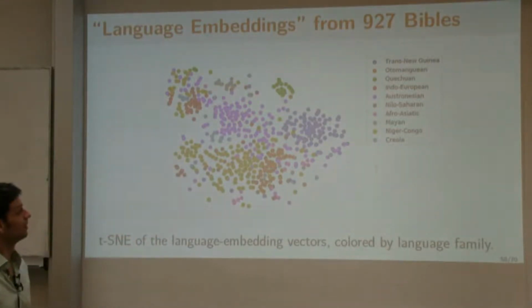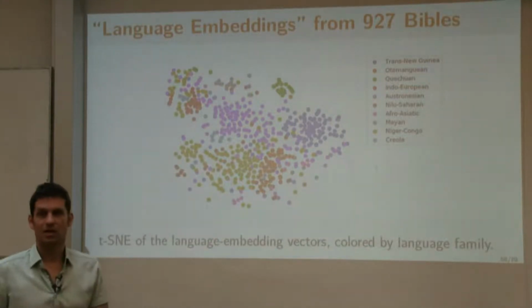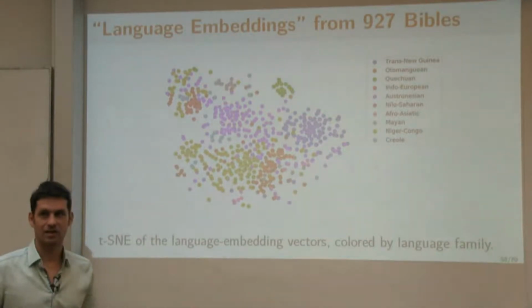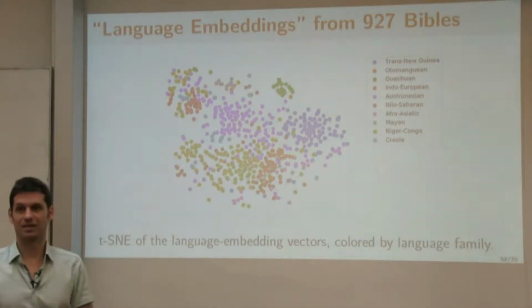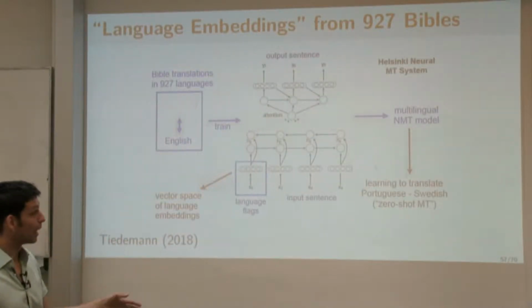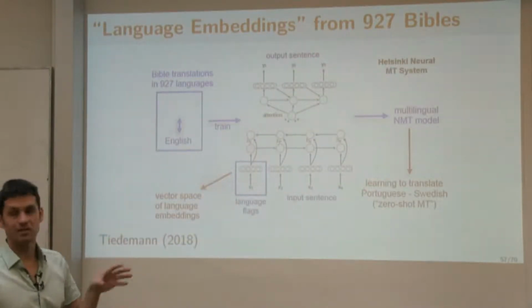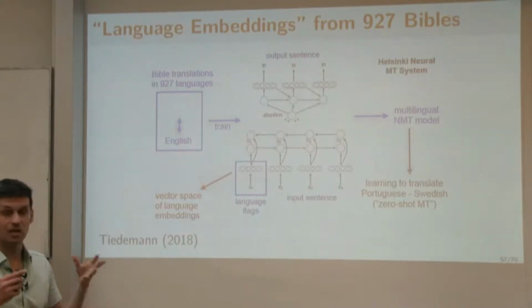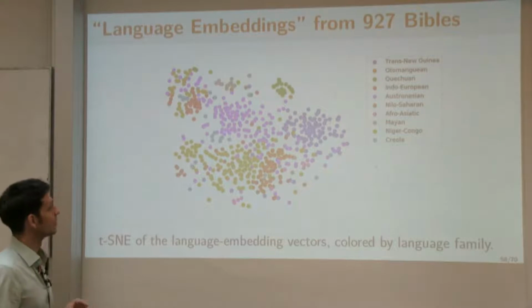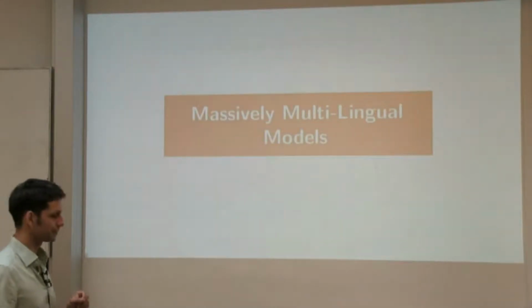So the language families are empirically identified, and they emerge. This heavily multilingual system does not translate very well, but it still is able to cluster languages in an unsupervised way, in a similar way that linguists cluster languages.